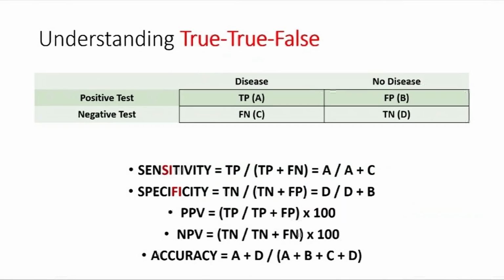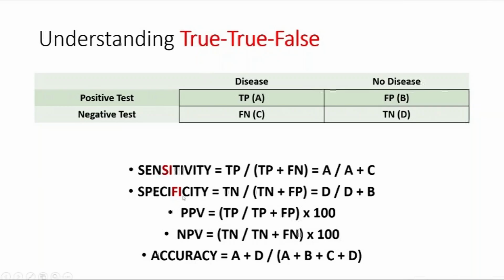Understanding true, true, false. In another video, I went in depth to explain true, true, false, but here I will simply apply it. Now, sensitivity is a test of positivity and is how reliable a test is to show disease in a sick person.